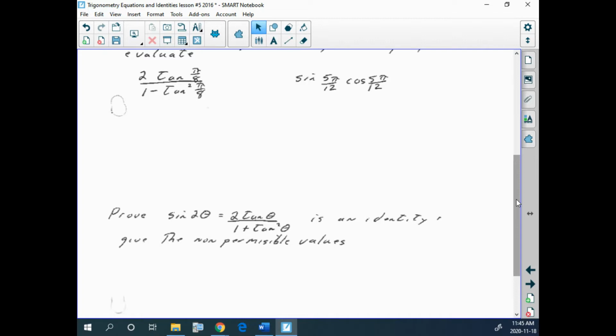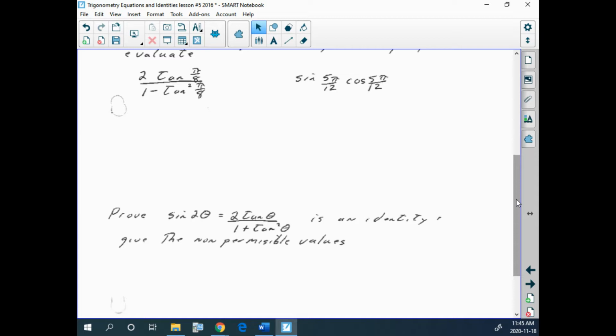Exactly. Don't do it like that. So are there solutions to this equation? Correct. There's no solution, there's no way to make this equal to 0. This is always going to be a square number, 1 plus a square number, so those are going to be positive.